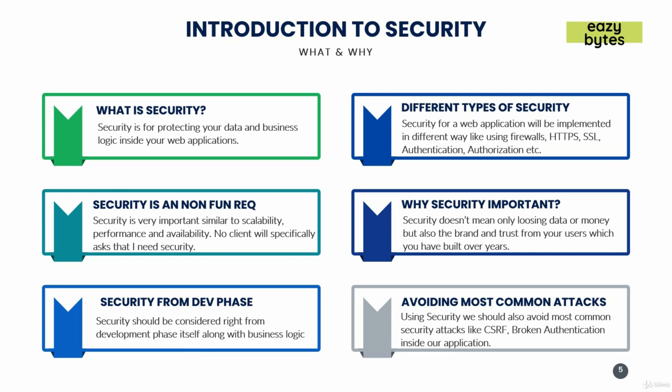Whereas we also have equally important non-functional requirements like security, performance, and scalability. No client will specifically request that my application needs to perform very well and should have security inside it. It's our responsibility to consider security, performance, scalability, whatever non-functional requirements we have, right from building the application from scratch.